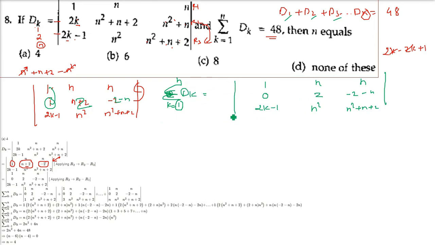So I am writing D sub 1. In place of k we are putting 1. It will be 1, 0, and k is 1, so 2 into 1 minus 1, that is going to be 1 here. And the rest, this n, will be like this.